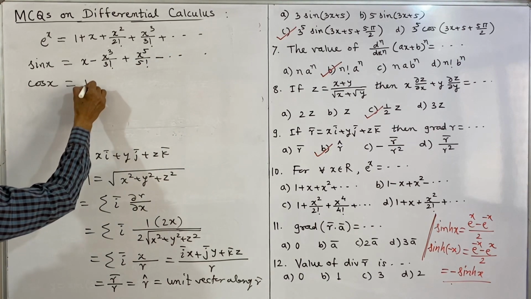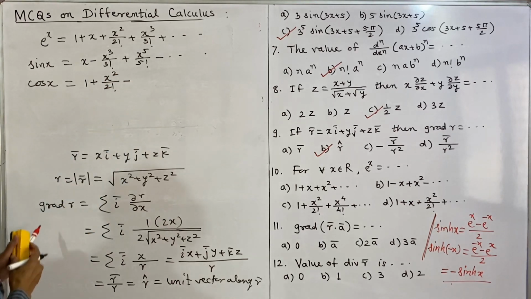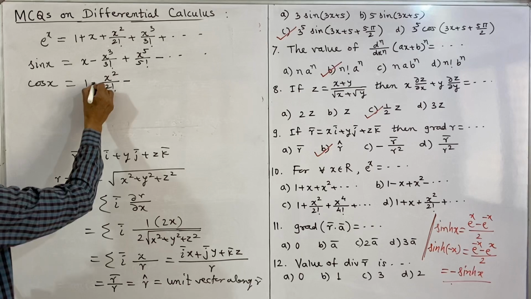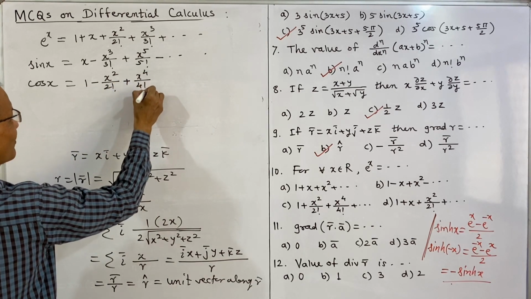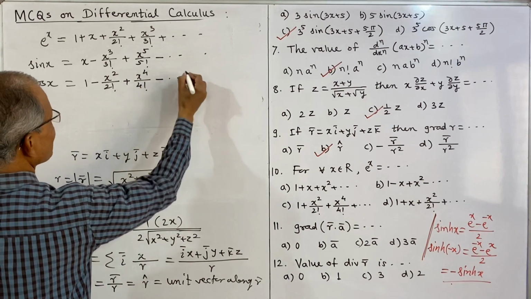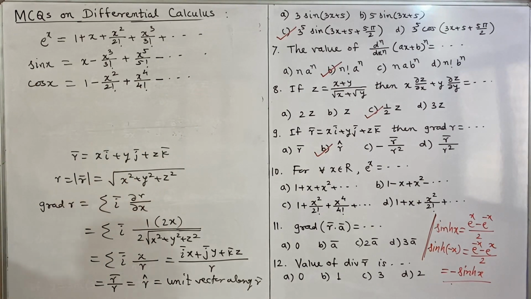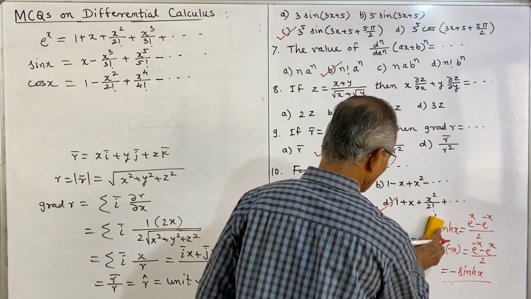For cos x, it is 1 minus x square divided by 2 factorial plus x power 4 divided by 4 factorial, minus, and so on. So these are the standard expansions, and therefore here the correct alternative is D.